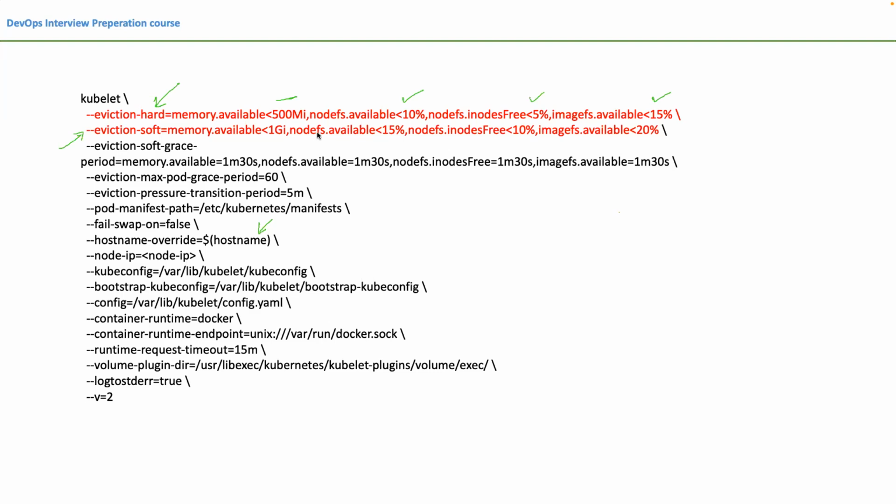Also, if you've configured the soft eviction, there is also an eviction soft grace period allowed, but this is an optional configuration. But as part of this particular interview question, eviction hard and eviction soft is what we want to focus on.